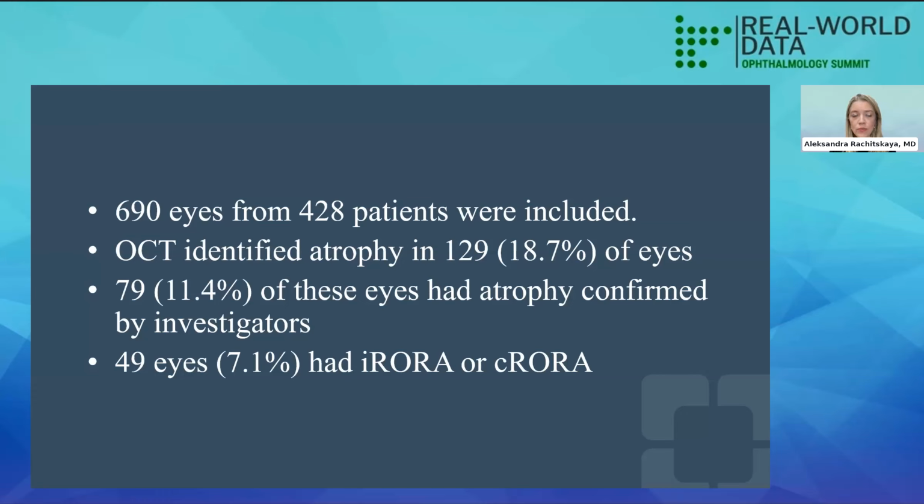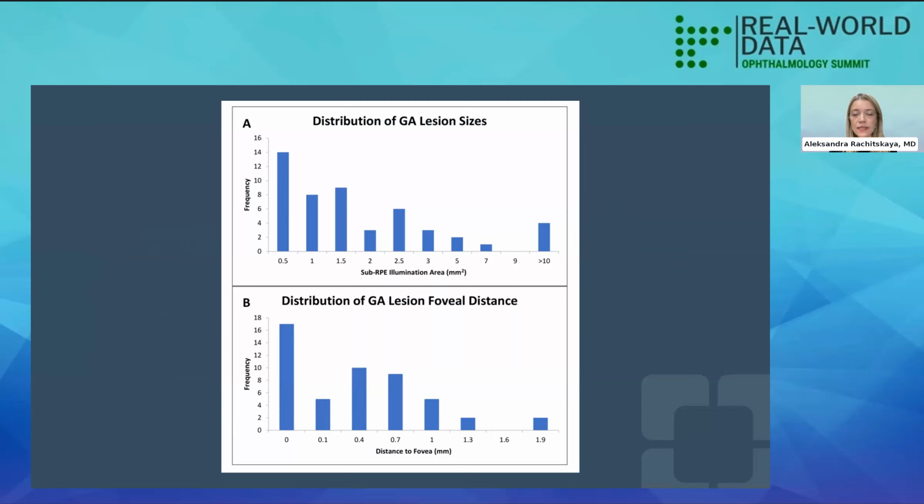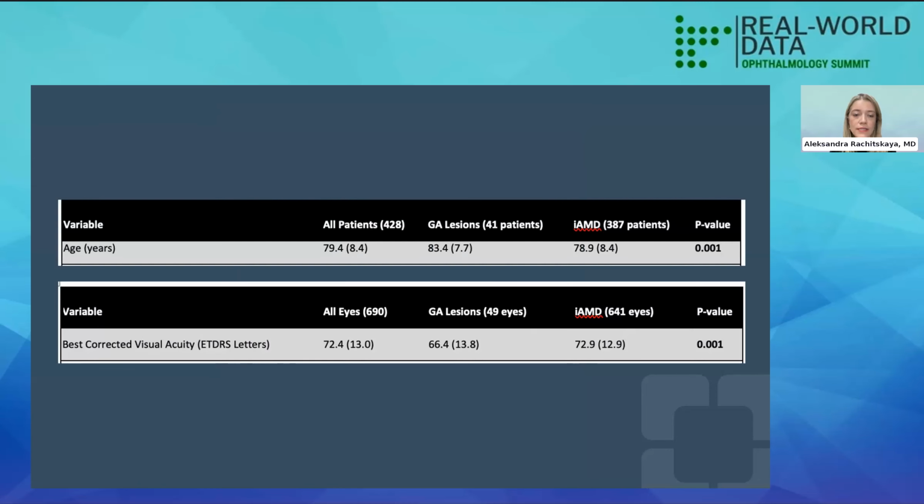We wanted to, though, be very particular and look only at iRORA and cRORA, and we determined that 49 eyes, or 7.1%, had iRORA and cRORA. And this is the distribution of these lesions by size. They mostly were small and in close distance to the fovea, and some of them included the foveal center.